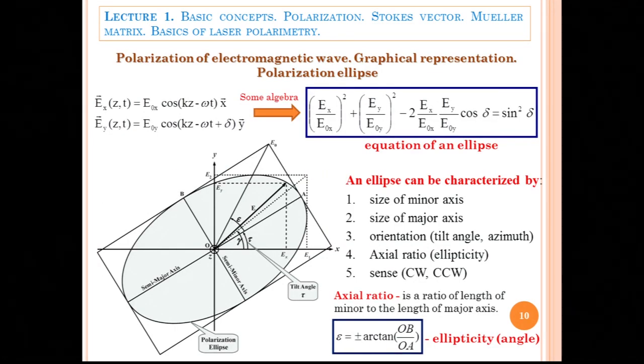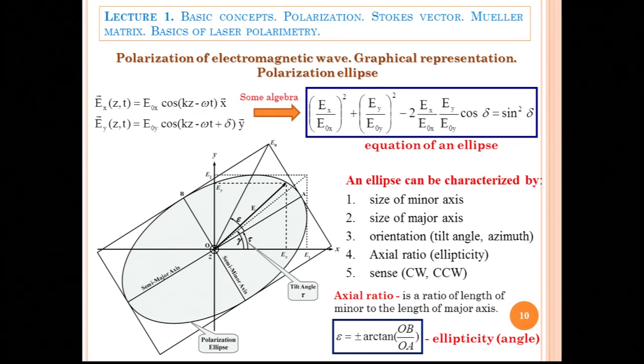Let's start with the graphical representation and the so-called polarization ellipse. As we were just saying, the polarization is a trajectory of the tip of the electricity vector when we are looking in this direction.